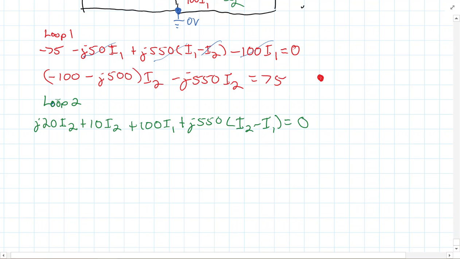So I'd have 100 minus j550 I1, and then again being careful that takes care of this one and takes care of that.